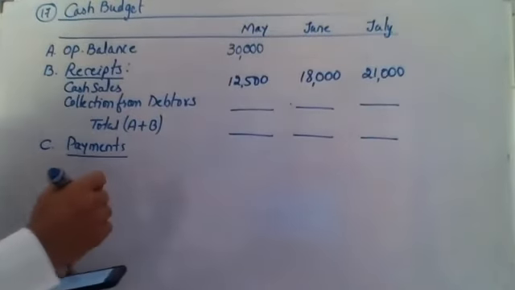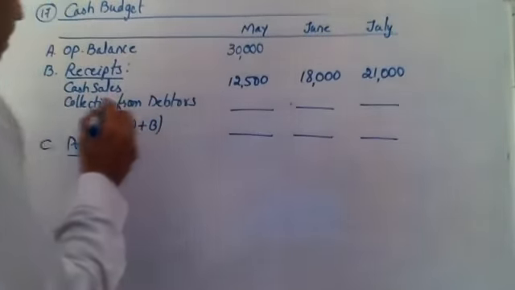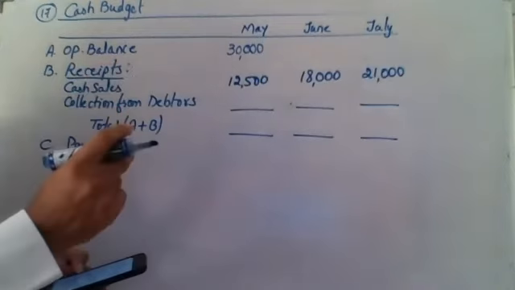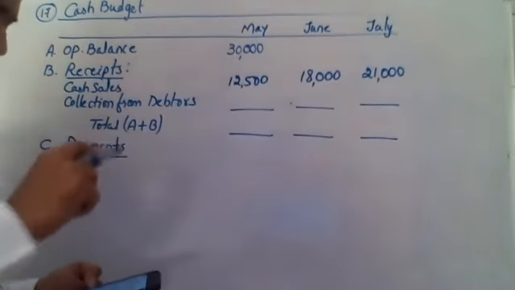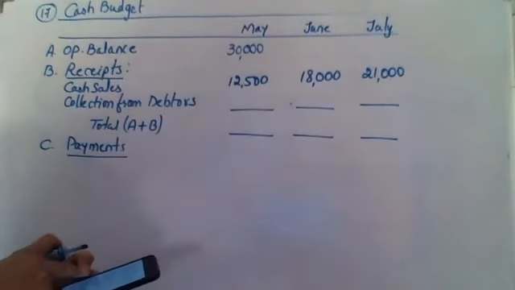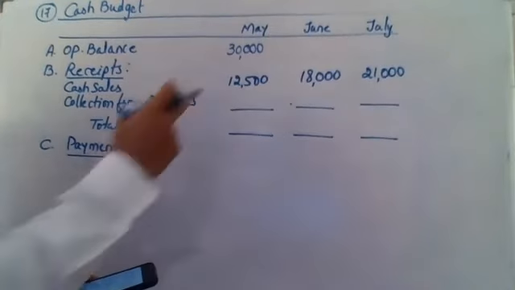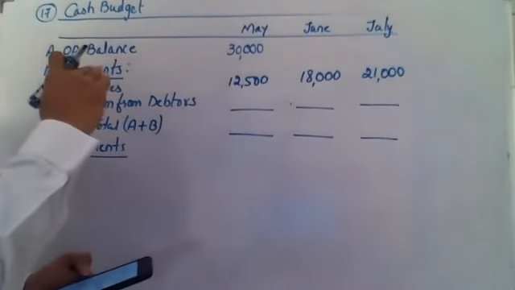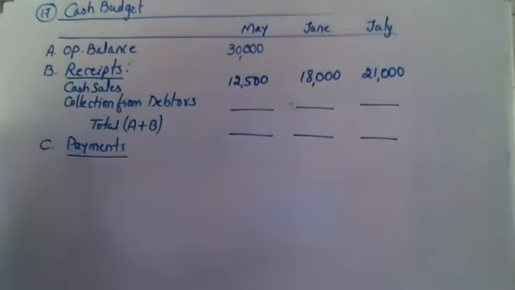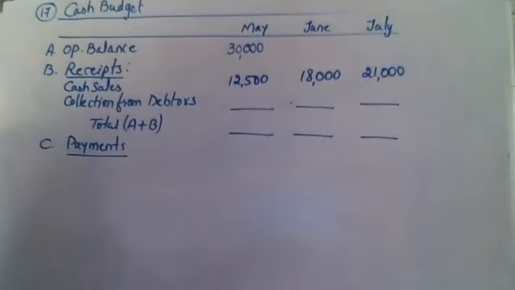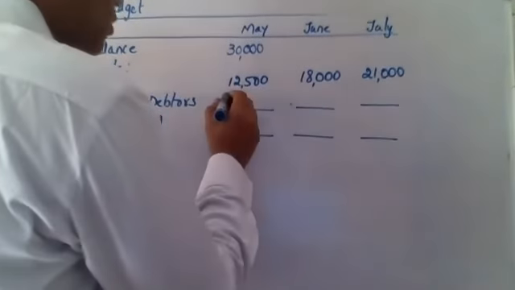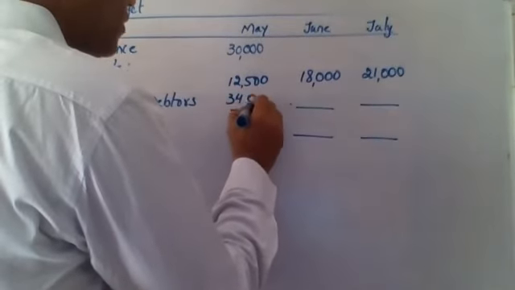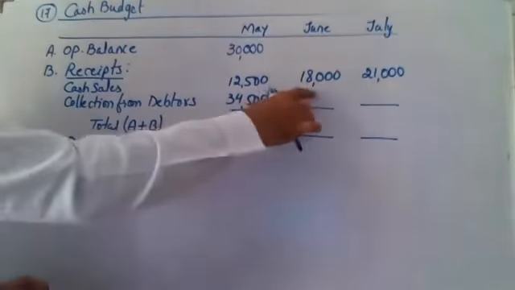What about collections from debtors? I will take 75% of the previous month. What is the previous month for May? The previous month is April. April sales is 46,000. In that, 75% is credit sales, that is 34,500. What is the previous month for June?